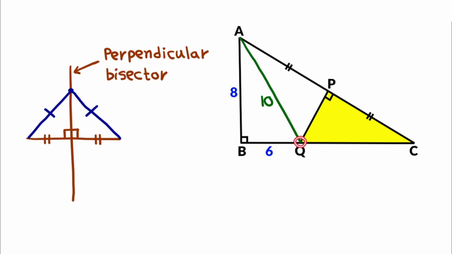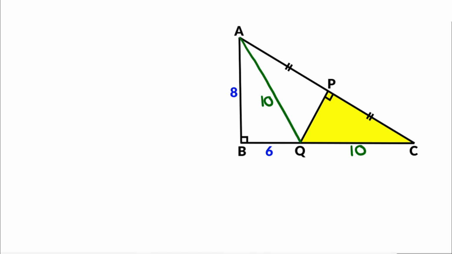Since point Q lies on that perpendicular bisector, we have QA equals QC. But we already found that QA is 10. So, QC is also 10.